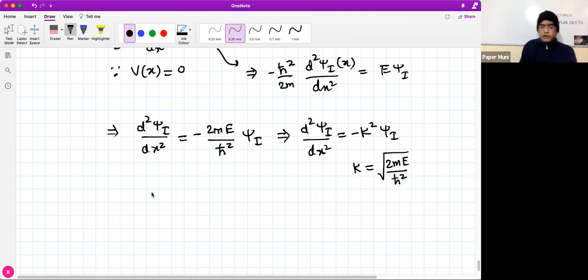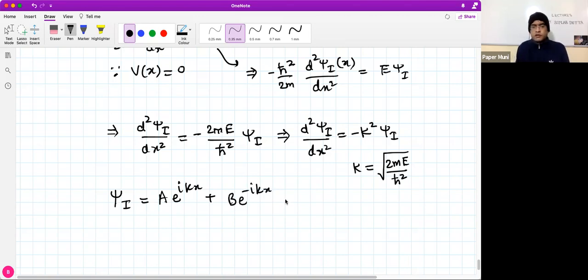What is the solution available here? The solution is A e to the power ikx plus B e to the power minus ikx, for x less than 0.